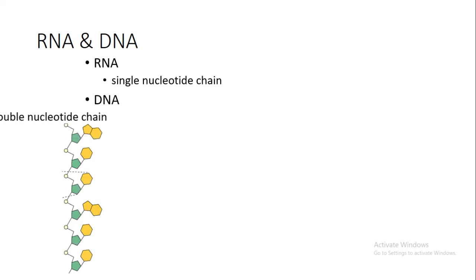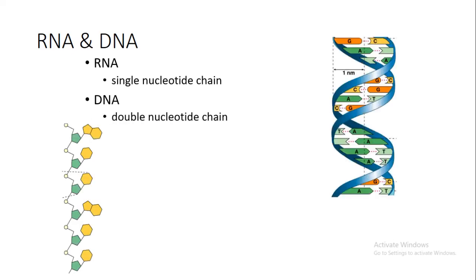I think I can just move fast. So when you talk of DNA, this is a double helix. Like I have stated, it is made up of two strands. On this side you can see RNA, and on this side you can see the DNA molecule. The reason it has two strands is because of hydrogen bonds between the nitrogenous bases.